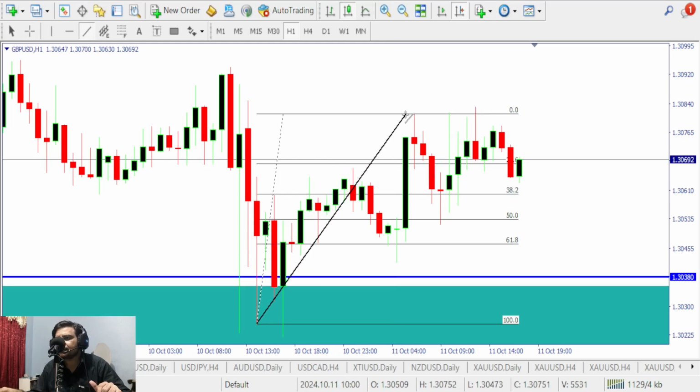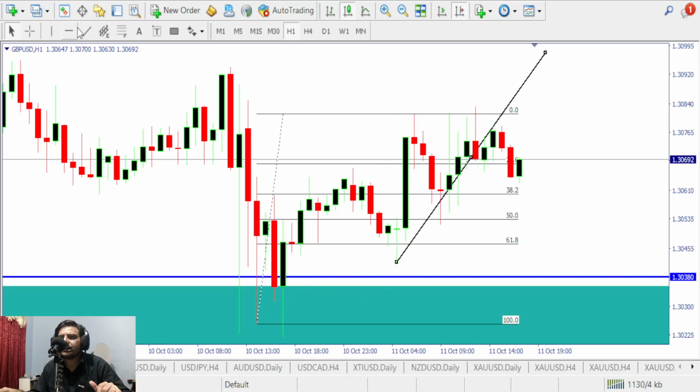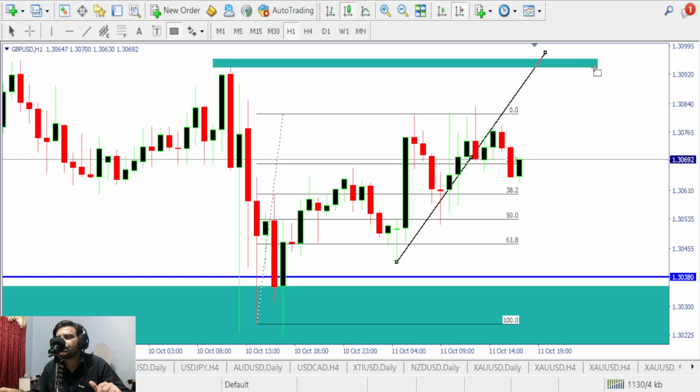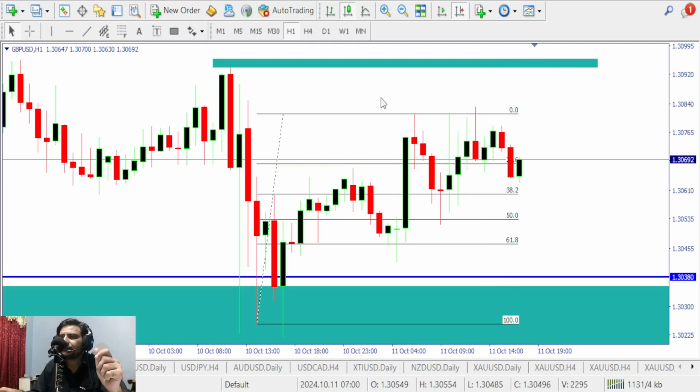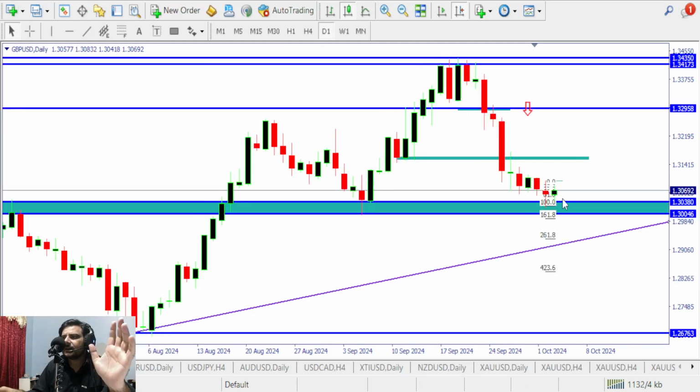Personally, right here, if I show you, this is going to be the completion level, I should say around this previous zone near 1.30920. So a further 29 pips, but obviously this is intraday, and the actual stuff will begin when we see some daily candles.